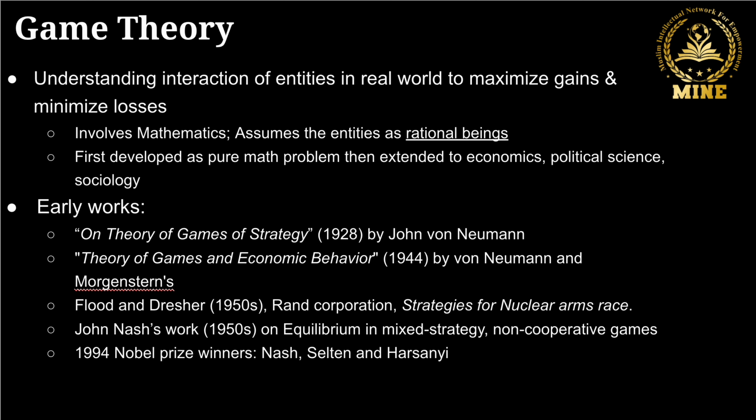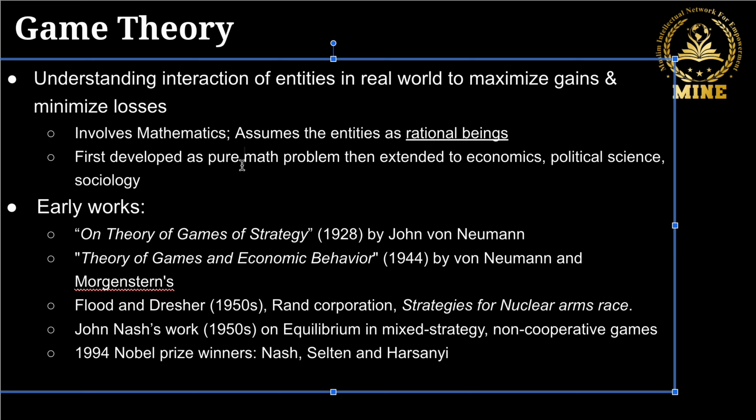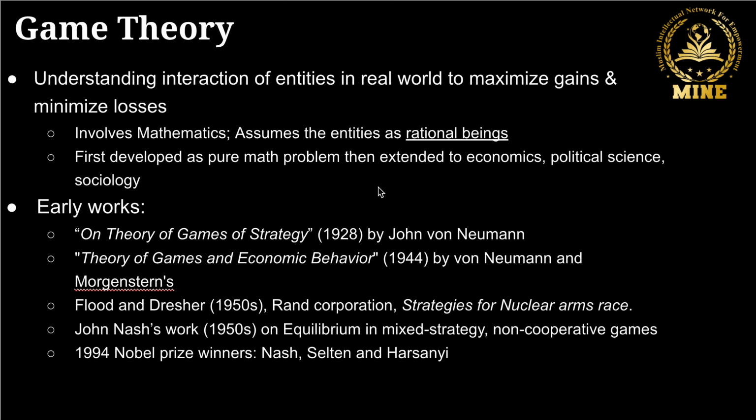Game theory was developed as a part of mathematical problems and was then extended to practical problems of the world. And this is very typical of what we see in the Western world. A field that was developed in a separate silo gets applied to a completely different problem, especially for economics and policy making.